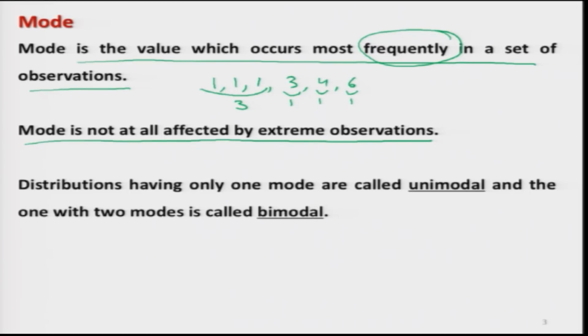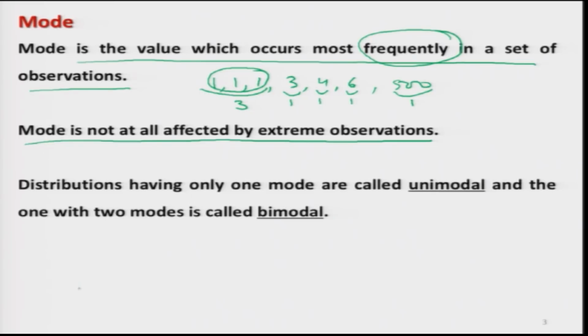So, the value occurring the maximum number of times is 1, and the mode here is going to be 1. Now, if I add a value 500, the mode is not going to change, because that also appears only 1 time. So, that is the basic idea, that mode is not at all affected by extreme observations.